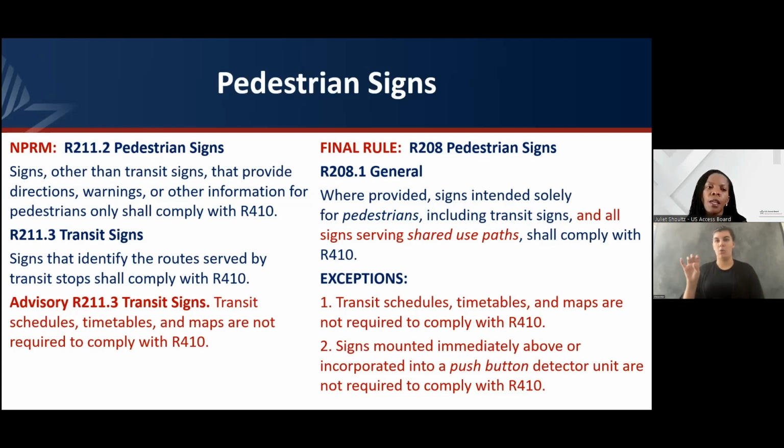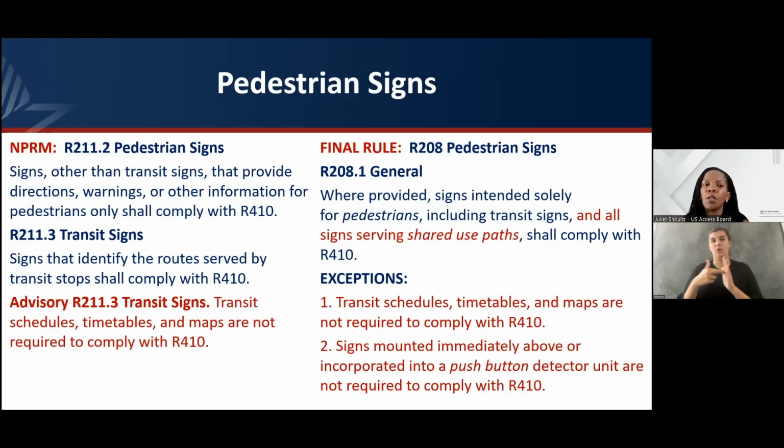And R410 in the NPRM and in the final rule gives you the technical requirements for these signs. What we had in the NPRM in advisory R211.3 is that transit schedules, timetables, and maps are not required to comply with R410. So we've now taken that advisory language and it's an exception in the final rule.